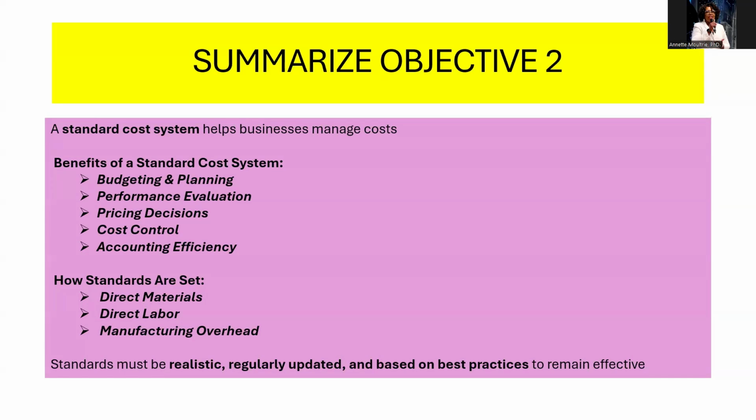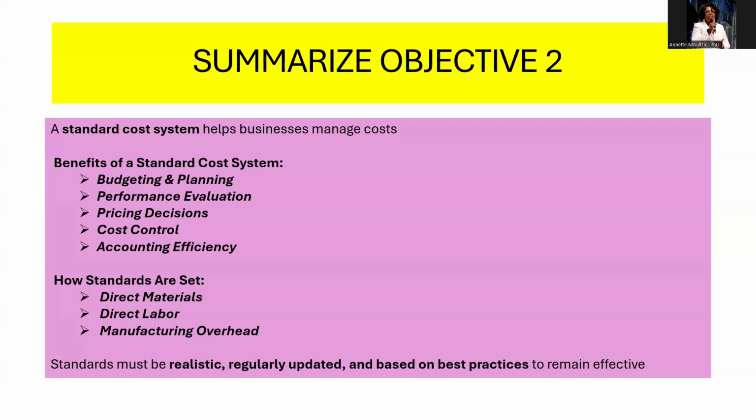And then you have pricing decisions, which aid in setting competitive sales prices for products and services. Then you have cost control. Well, cost control helps reduce unnecessary spending by identifying inefficiencies. And then another benefit is accounting efficiency, which simplifies cost tracking, especially when integrated with an ERP system.